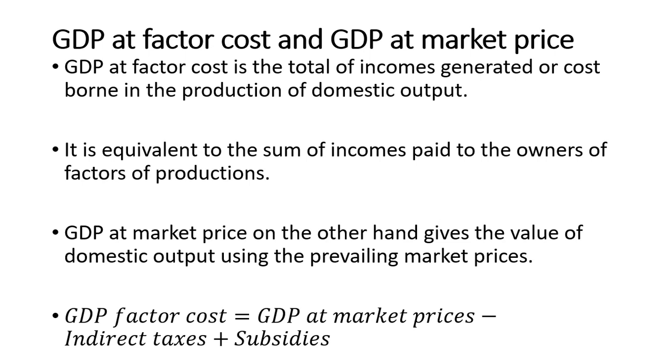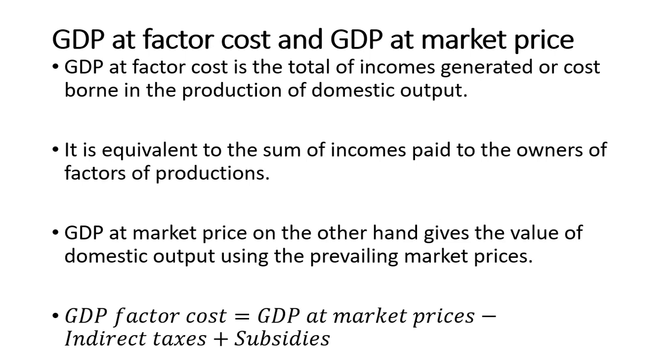So we can always convert GDP at factor cost to GDP at market price. The GDP at market price is just the GDP measured using market prices. GDP measured using factor cost, or cost of production, or how much is paid to owners of factors of production, is the GDP at factor cost.